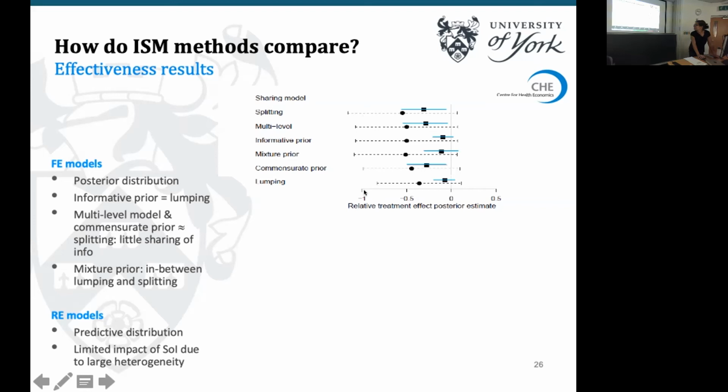For the random effects models, which are the dashed black or gray lines, you can't see much because there's so much heterogeneity, and what we're showing here is a predictive distribution. There's so much heterogeneity that it's not clear how these relationships work, but there doesn't seem to be much impact of sharing.